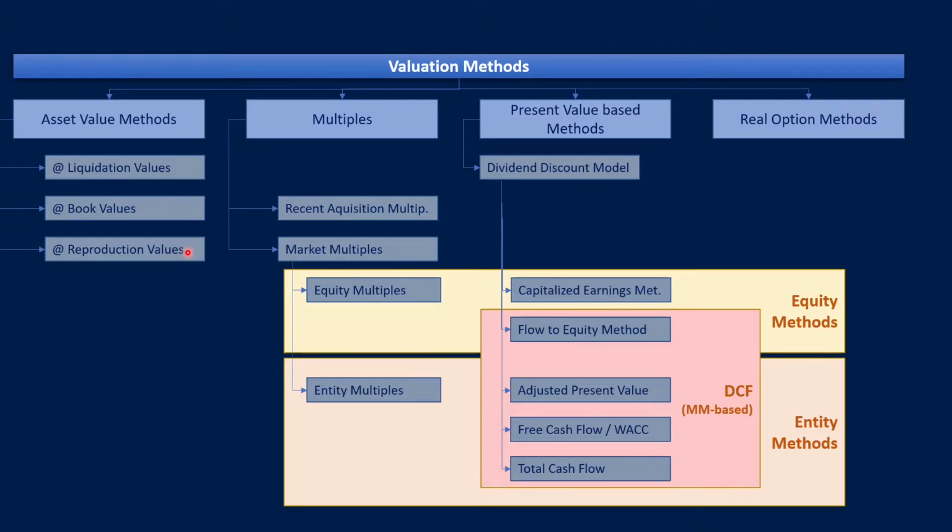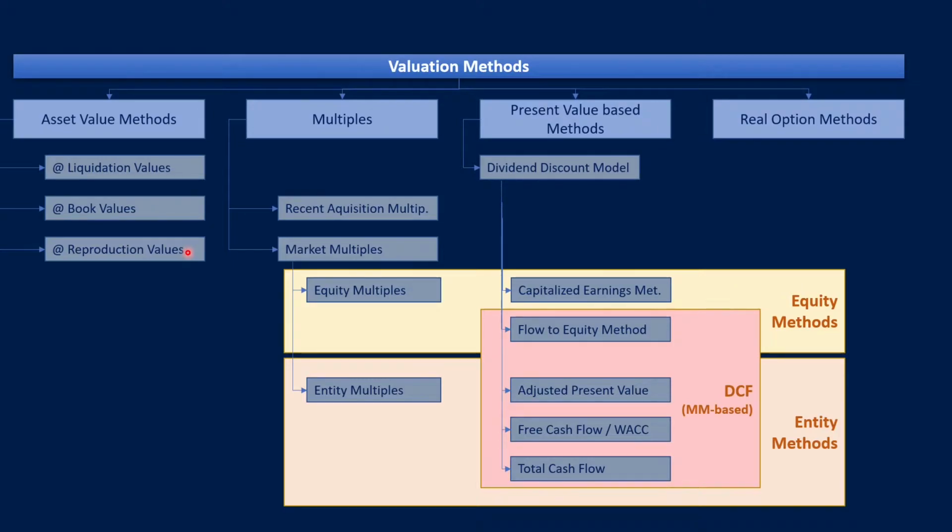Why do we calculate liquidation and reproduction values? The liquidation value can be understood as the lower boundary of any business valuation. Normally, business valuations are based on the going concern principle, which means that the company does not stop to live or does not stop to exist.